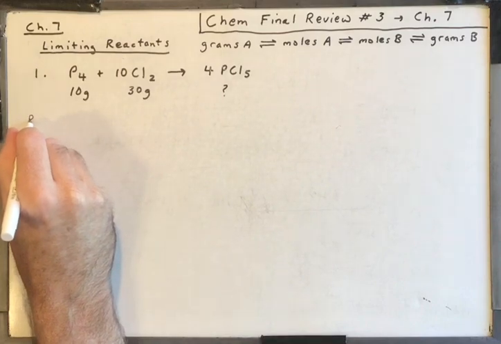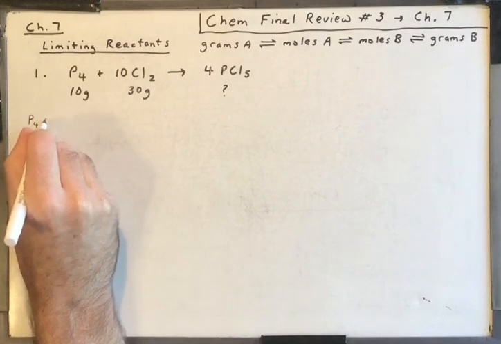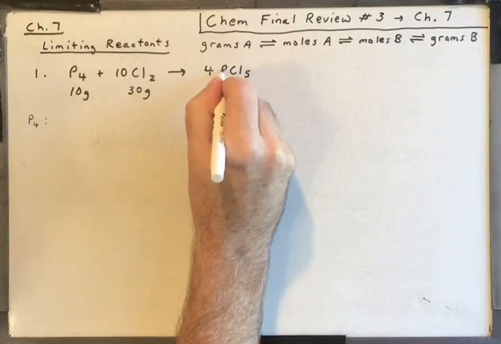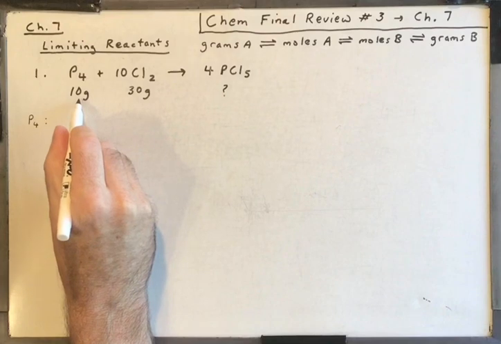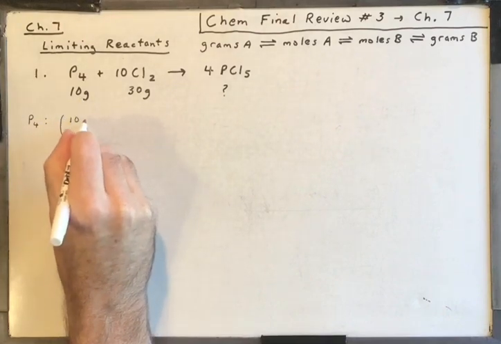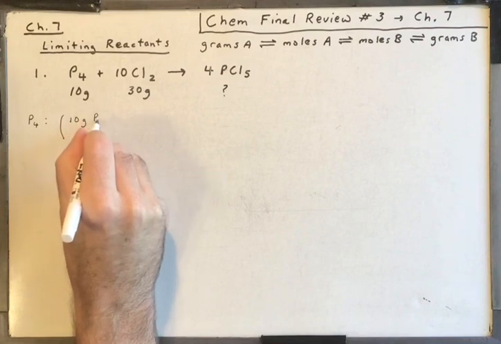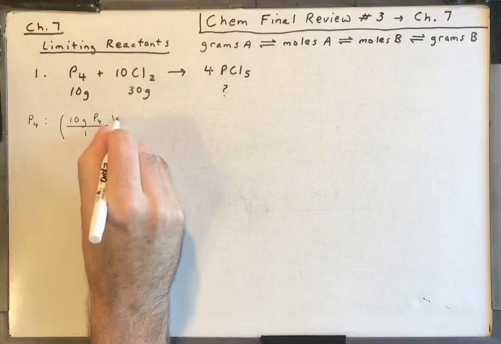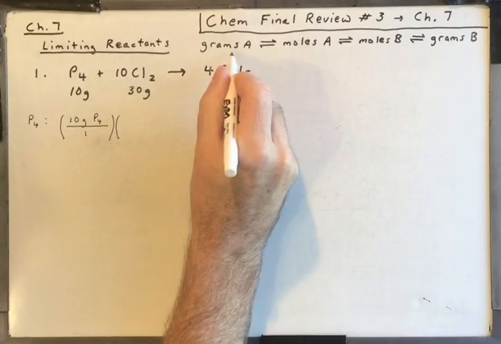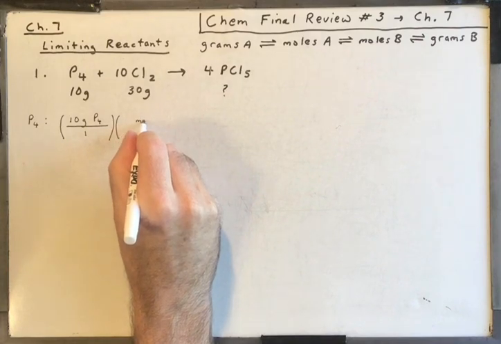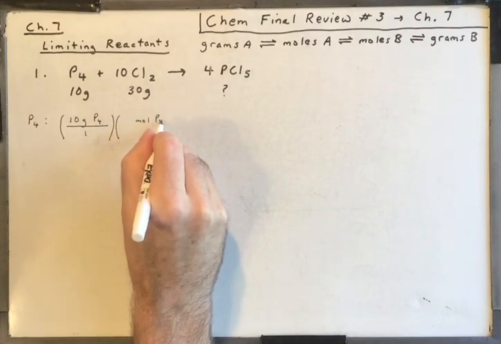So the first thing that we want to do is see how much PCl5 is made if we start with 10 grams of P4, our first reactant. So we have 10 grams of P4. Put that over 1. All right, so we're right here, grams A. We need to go to moles A. So we go to moles of P4.